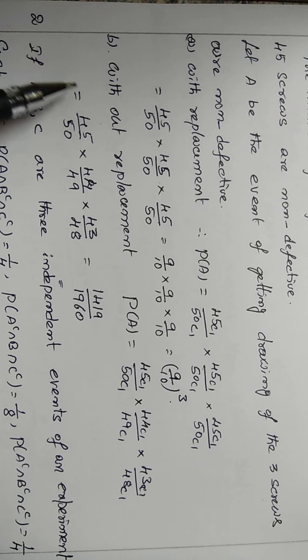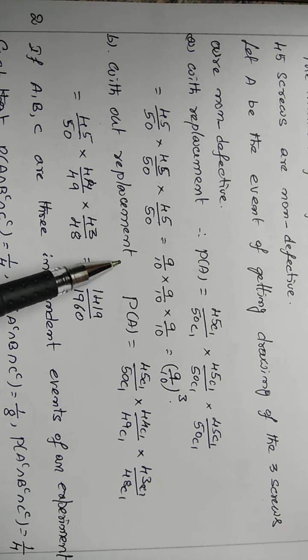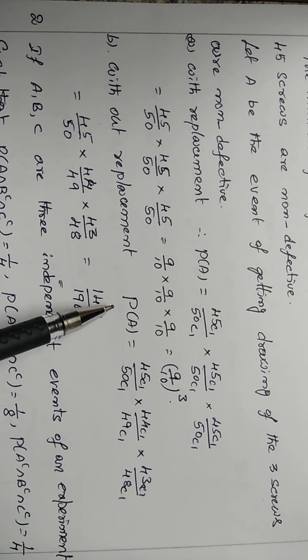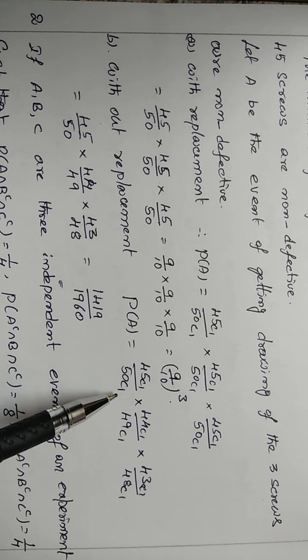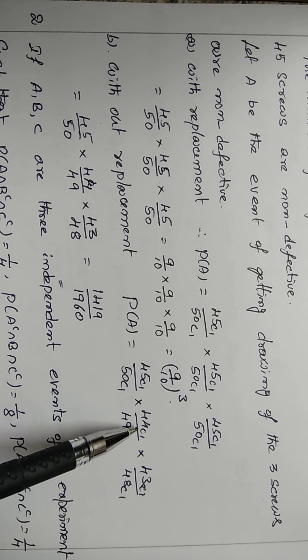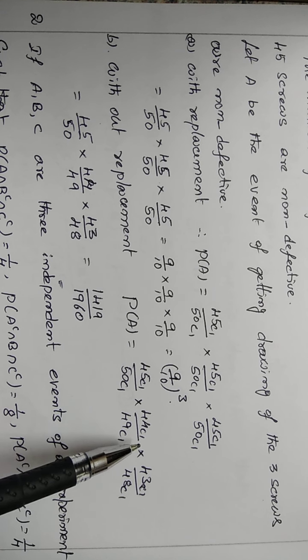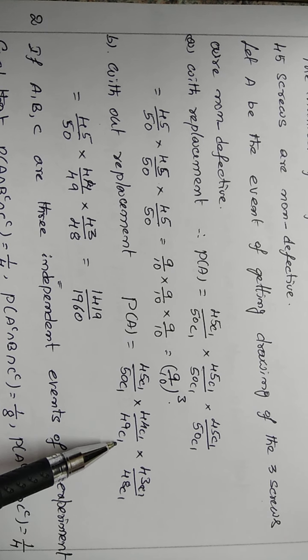Second case, without replacement. That means if you draw the first screw, next draw the second screw. Before drawing the second screw, we should not replace the first screw. So P of A is equal to 45 C1 by 50 C1. When you are drawing the second screw, there are 44 non-defective screws and 50 minus 1, 49 total screws.